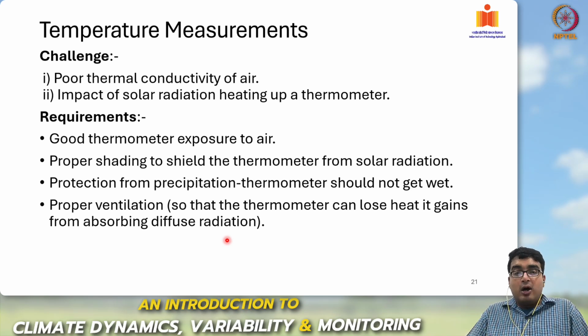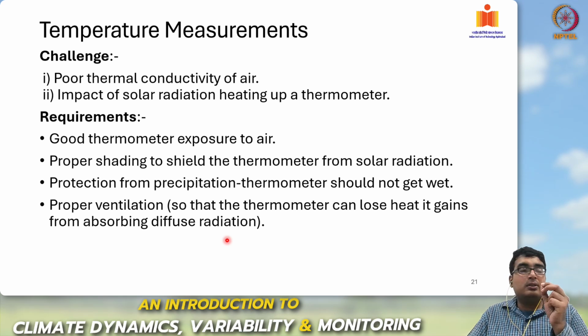So what are the requirements? One key requirement is good thermometer exposure to air. So proper shading to shield the thermometer from solar radiation is also important. Good exposure to air so that heat can be conducted into your sensor. Protection from precipitation. So the thermometer should not get wet.